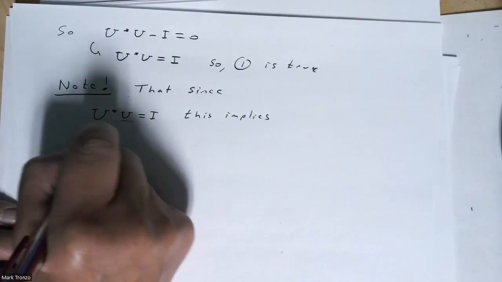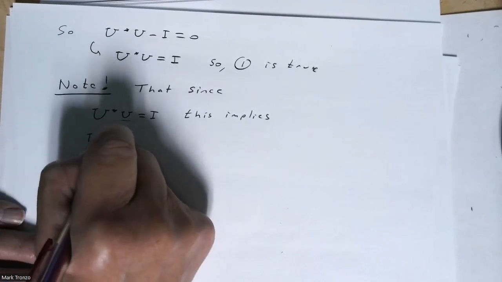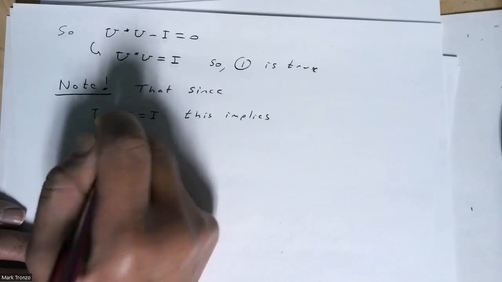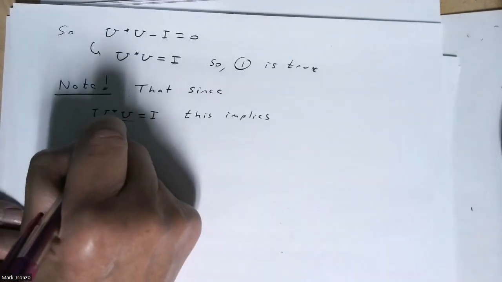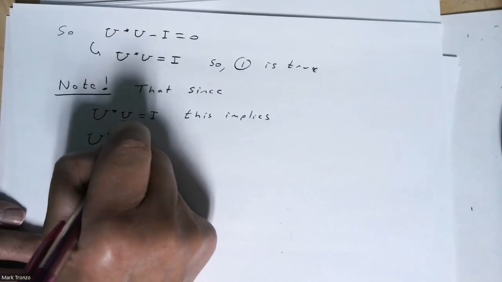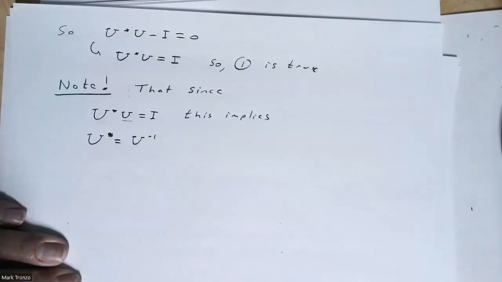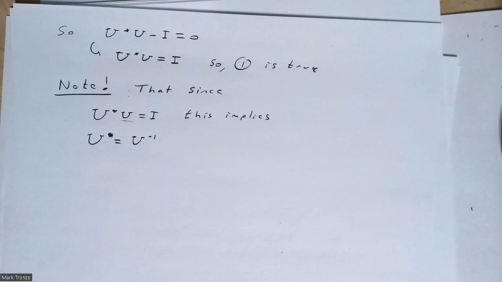So that means this adjoint, and again, these are supposed to be like the star here, is equal to the inverse. That's very important.